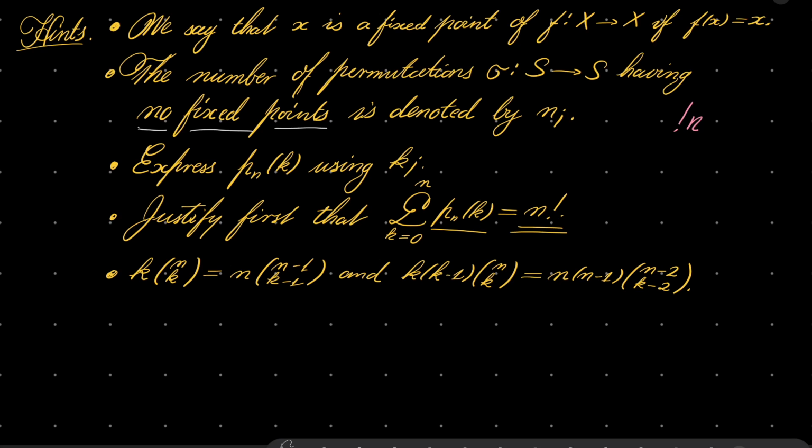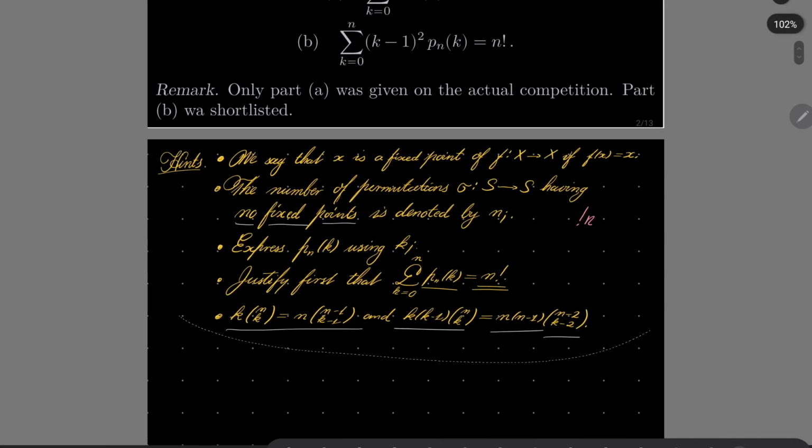Namely, you should easily verify that k times n choose k equals n times n minus 1 choose k minus 1, and k times k minus 1 times n choose k equals n times n minus 1 times n minus 2 choose k minus 2. So give this problem a try, and I will see you in just a minute.